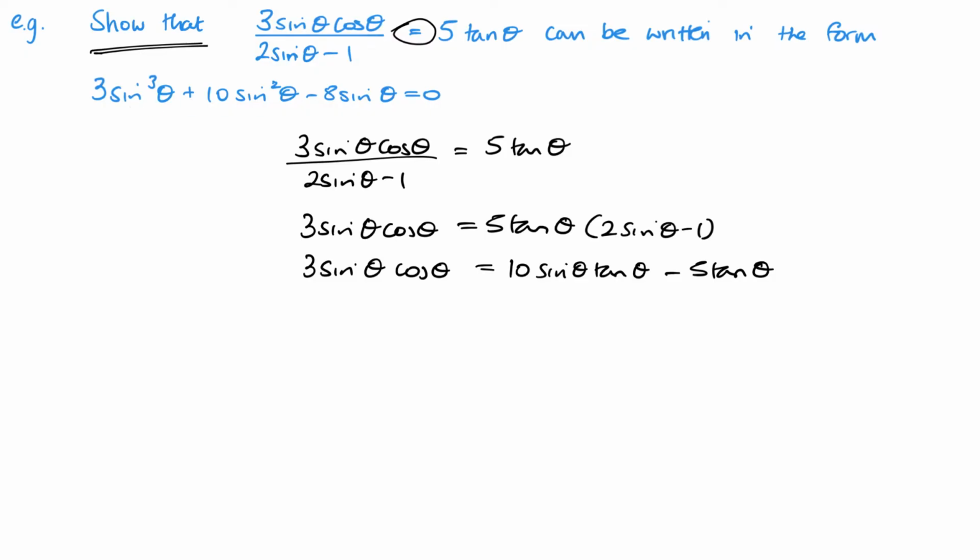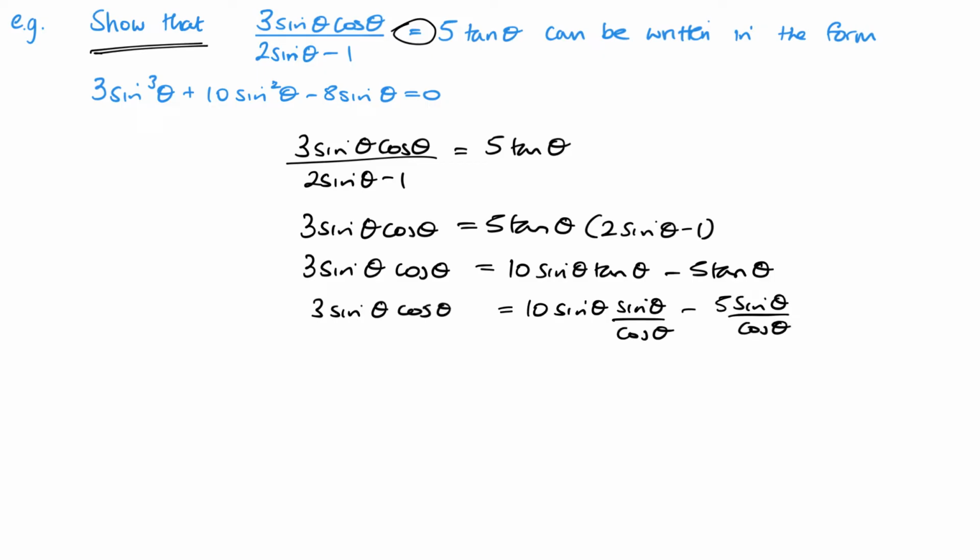So let's now work on that. So left hand side at the moment is just staying the same. So we've got 10 sine theta, and this is going to be multiplied by sine theta over cos theta, and this one's sine theta over cos theta.